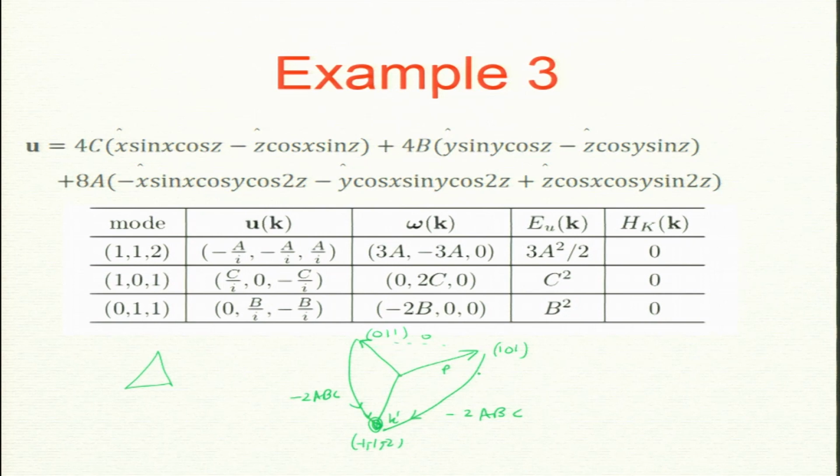In fact, it is interesting that 0 1 1 and 1 0 1 do not exchange among themselves, and we need the third mode to facilitate this dynamics. So, one can make use of these energy transfers to understand how the patterns are evolving in time, how they are exchanging energy, who is giving energy, and who is taking energy.